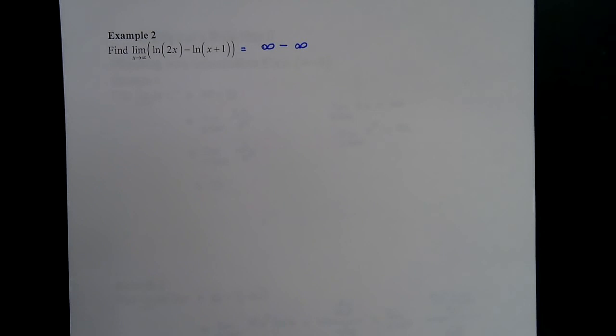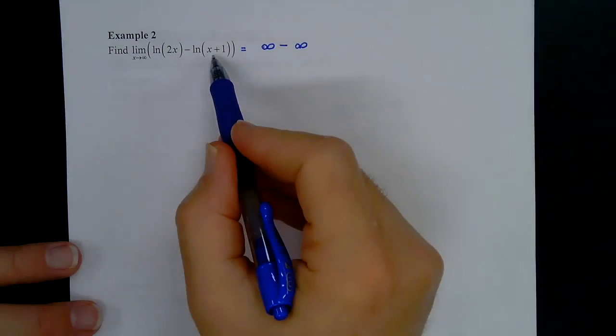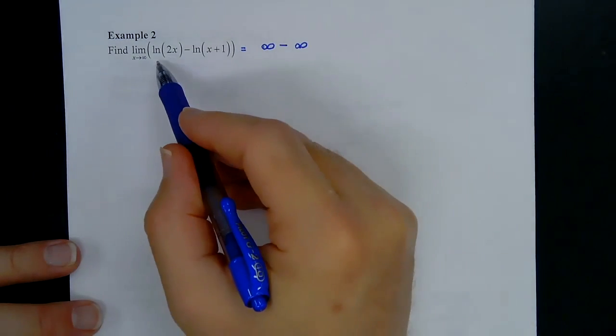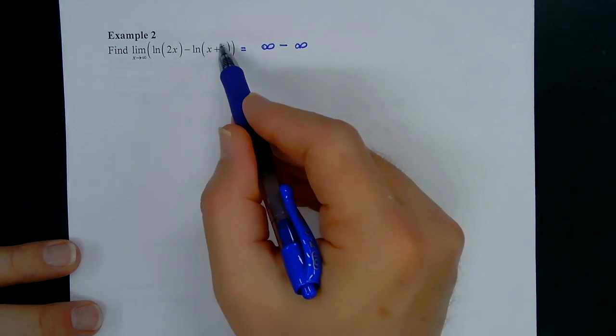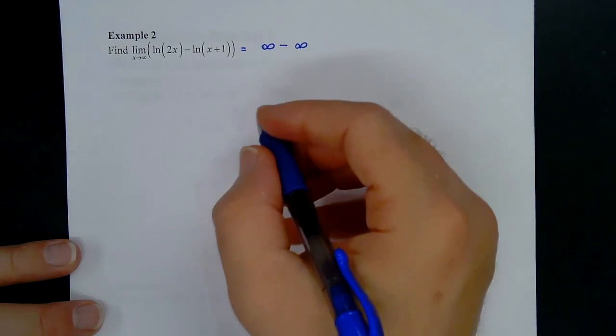Okay, and so there's a property of logarithms that says if you have the log of something minus the log of something, what you can do is rewrite that as the natural log of the first over the second, the argument here, 2x over x plus 1. I don't know if you remember that, but I'll write down the log property that we use in just a second.